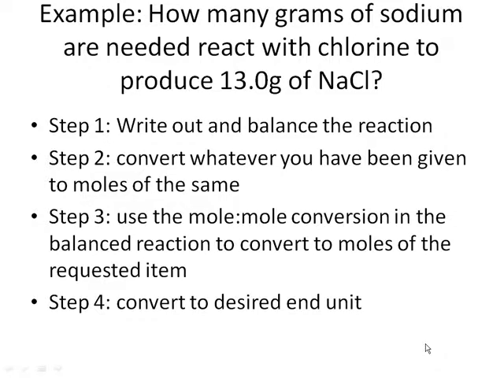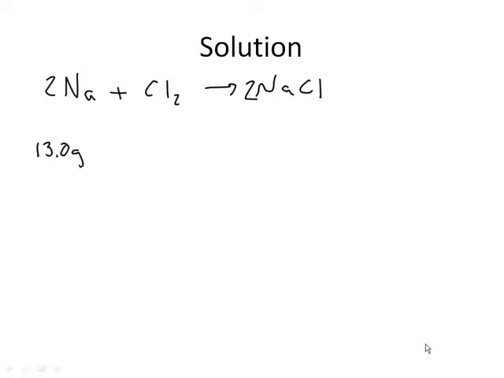So let's go ahead and do this. So I have, let's rewrite that equation, Na plus Cl2 goes to NaCl. And I needed 2 there and 2 there. So there's step 1. I've written out and balanced my chemical reaction. Step 2, I was given 13.0 grams of NaCl, and I need to change those to moles.